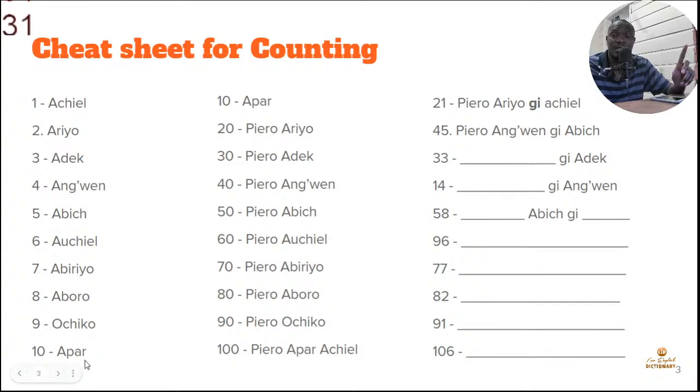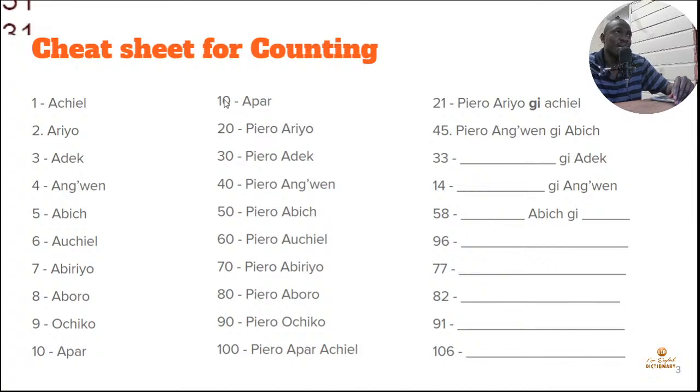So when you're counting in the Luo language, make sure you just master this 10, because they form the basis of everything. Okay? So 1 through 10: achiel, ariyo, adek, ang'wen, abich, auchiel, abiriyo, aboro, ochiko, and apar.